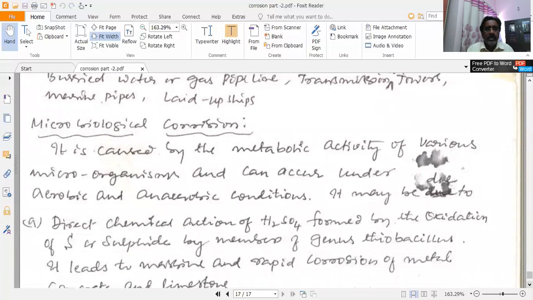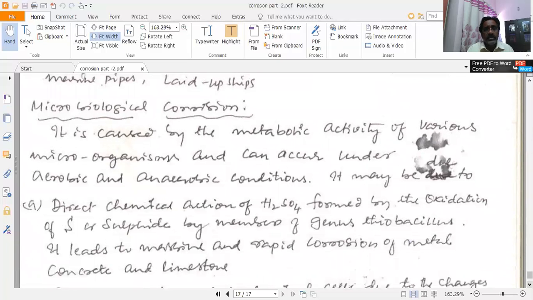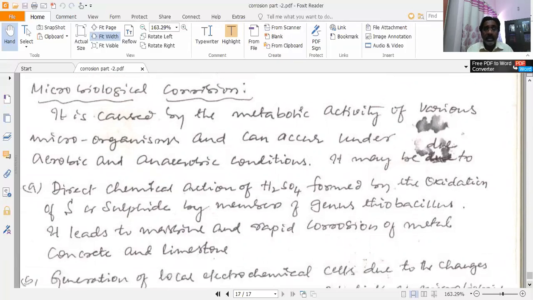Another important type of corrosion is microbiological corrosion. Microbiological corrosion is caused by the metabolic activity of various microorganisms and can occur under aerobic and anaerobic conditions. It may be due to, number one, direct chemical action of H2SO4 formed by the oxidation of sulfur or sulfide by members of Thiobacillus.